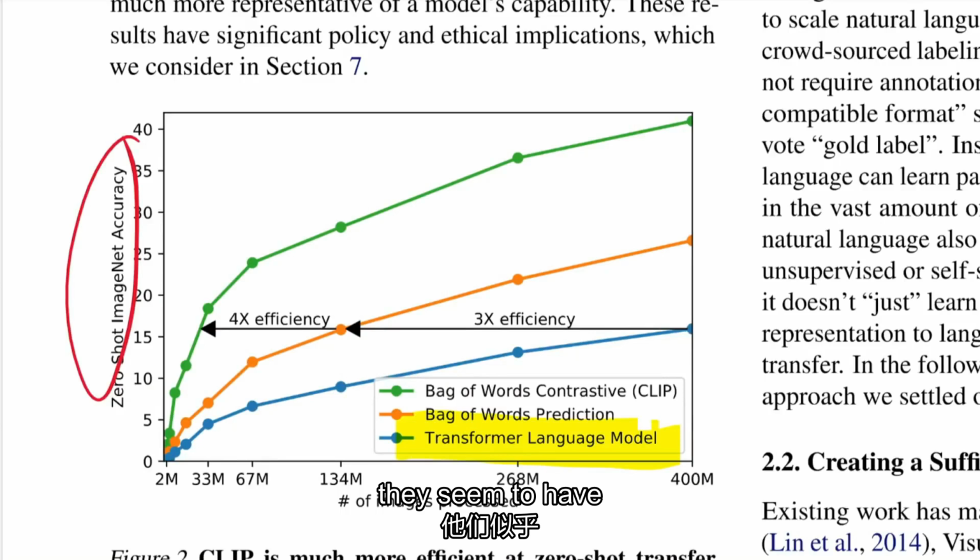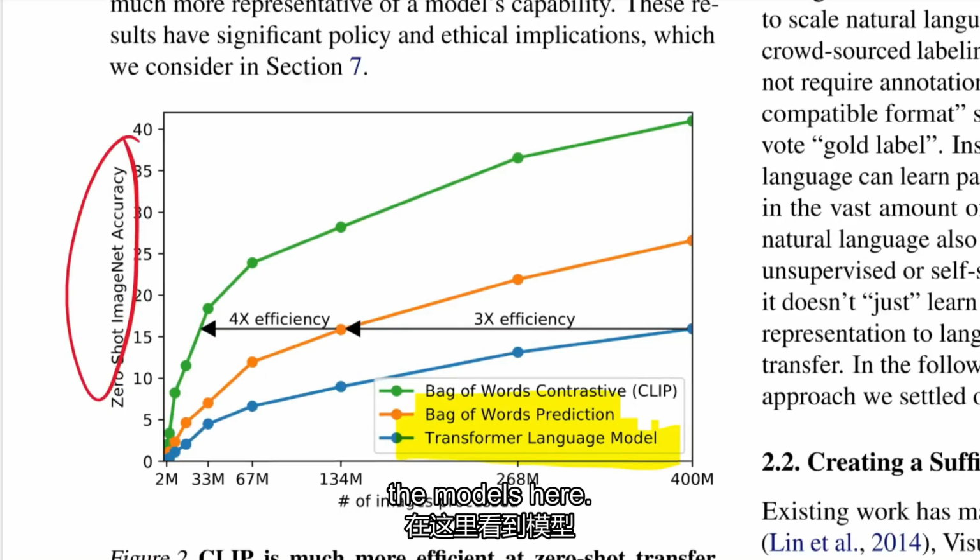However, they seem to have more success by using just a bag of words prediction. What that means is you're not trying to predict the exact words. You're simply trying to predict which words occur in the description. So you see the photo, and if you predict cat and my and cute in any order, you're already correct. And that already gives a sort of better efficiency.